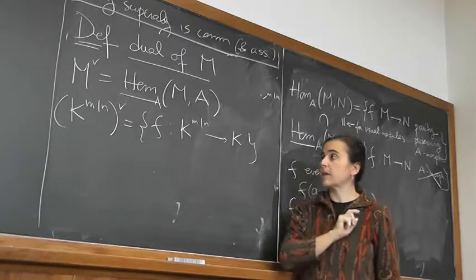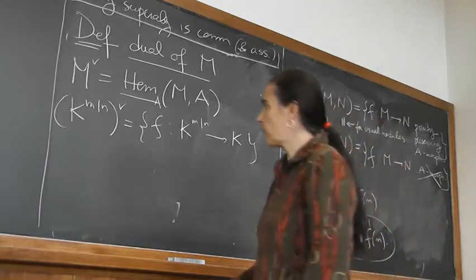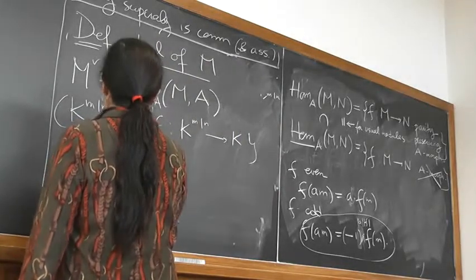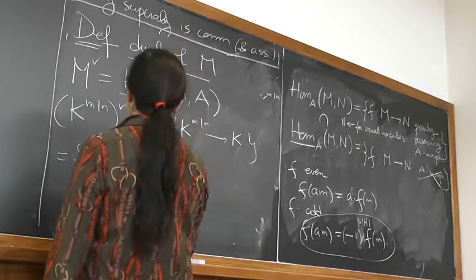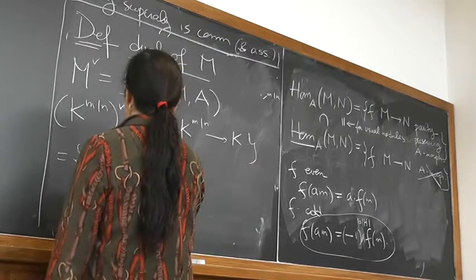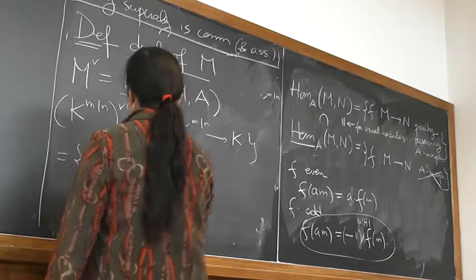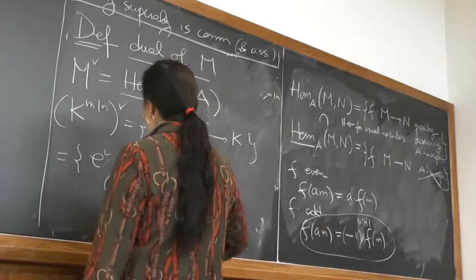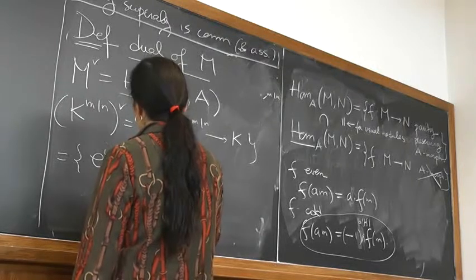I'm trying to explain. This consists of all the maps from K^m|n to K, sending the vector x1, ..., xn, psi1, ... These are numbers, but let's write them differently because things are indeterminate. Say u1, ..., un.